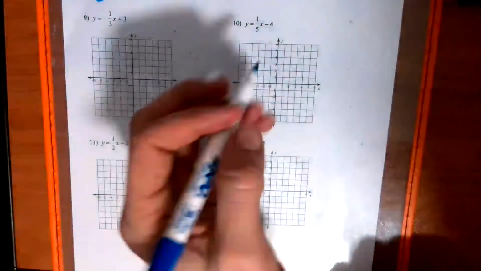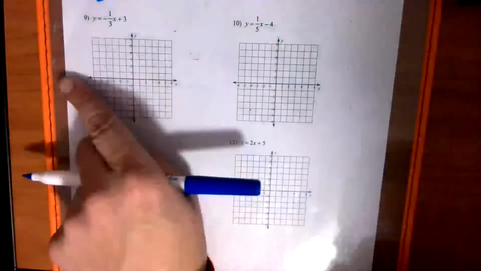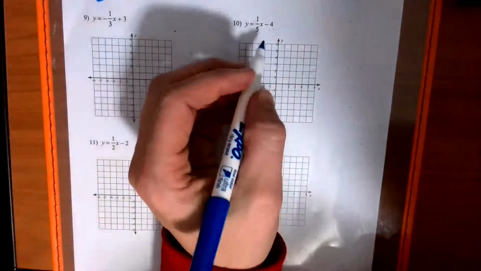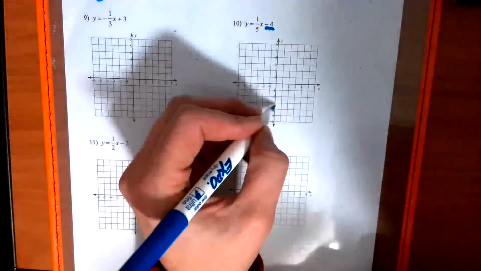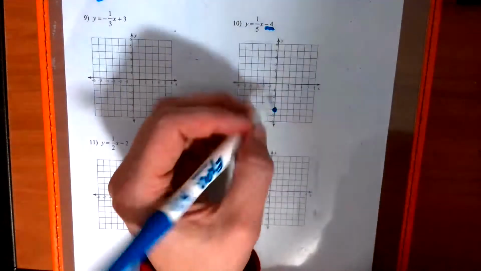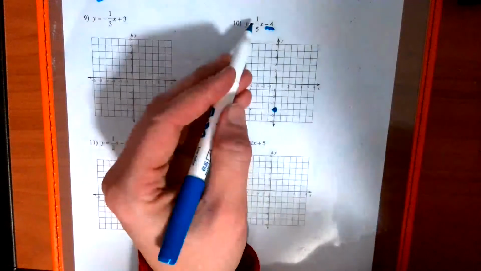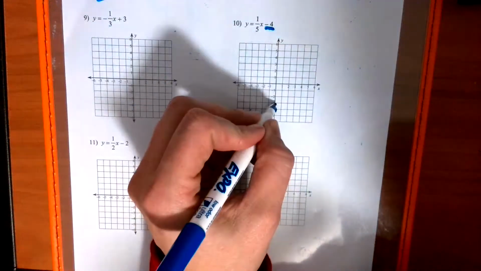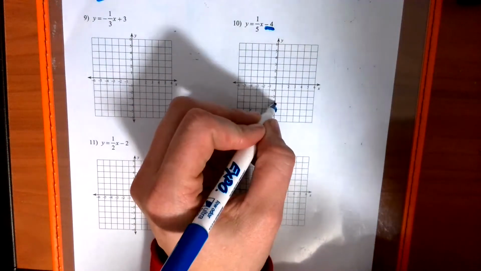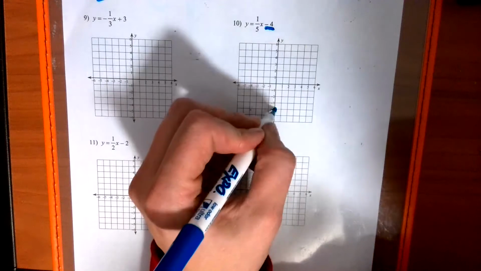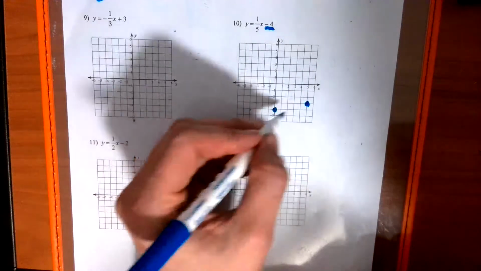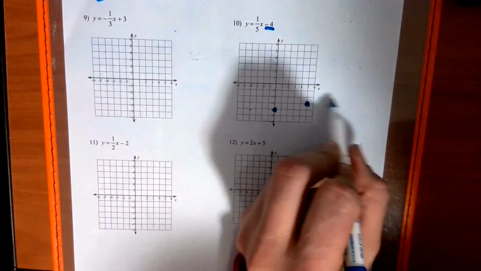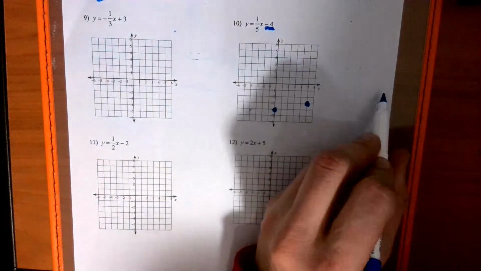So now we're going to look at the next two. Let's just look at this one before we go over here. So see how this says -4? We're going to find our -4 on our y and we put our dot. This is a positive slope, so that means we're going up 1 over 5 because we rise before we run. So up 1 over 1, 2, 3, 4, 5, which means if we keep going that pattern, we go up 1 over 5, up 1 over 5.